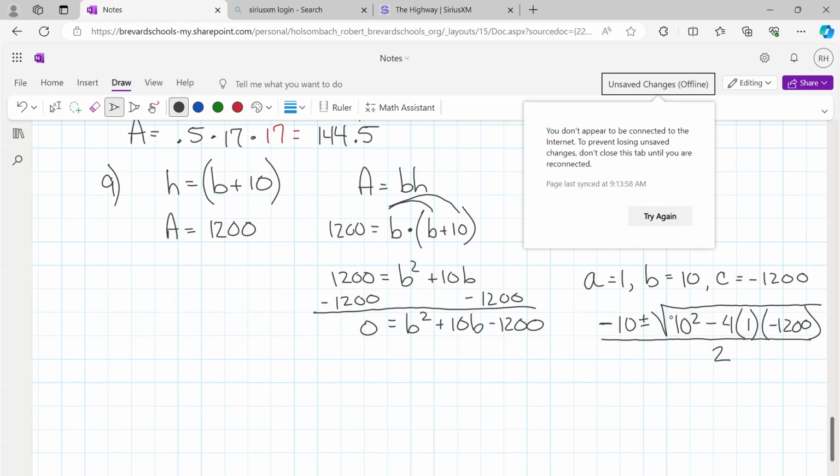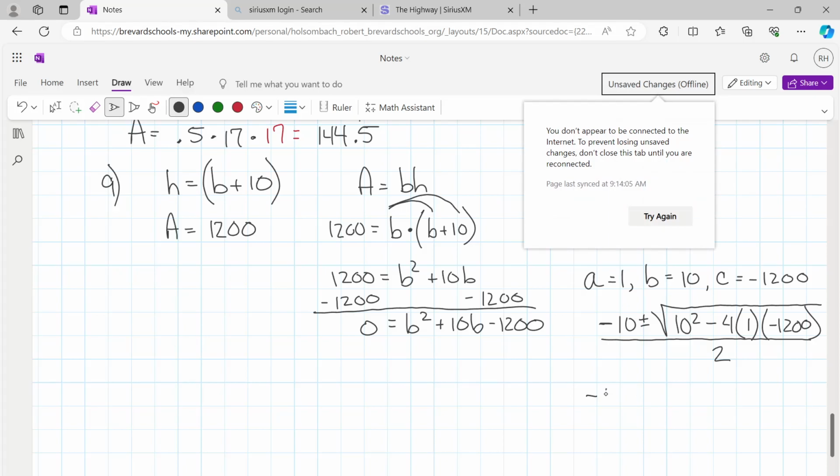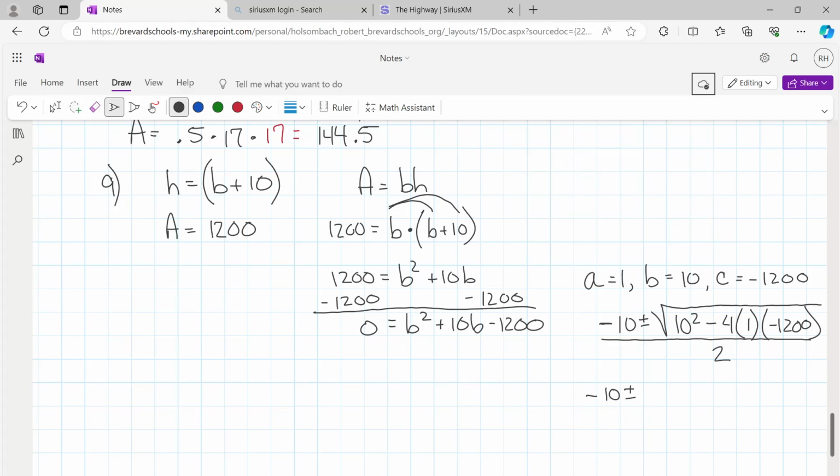So in the next step, we're going to finish everything under and including the radical. So we're going to have a negative 10, plus or minus. You can type this discriminant in, everything under the radical, right into your calculator. So it's 10 squared minus 4 times 1 times negative 1200, hit equals, and then push the square root button, and you should get 70.